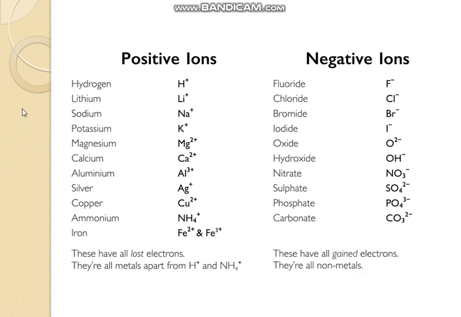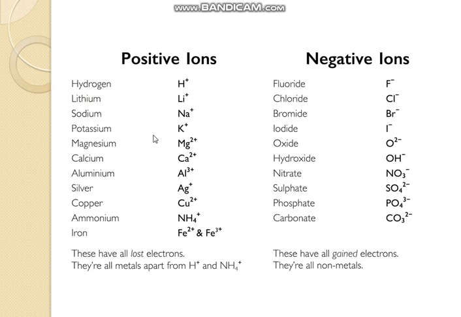Here you can see some positive ions, that means cations, and negative ions, anions, also we can observe here. Hydrogen positive, that is H+, lithium Li+, sodium Na+. We already learned the symbols of elements.